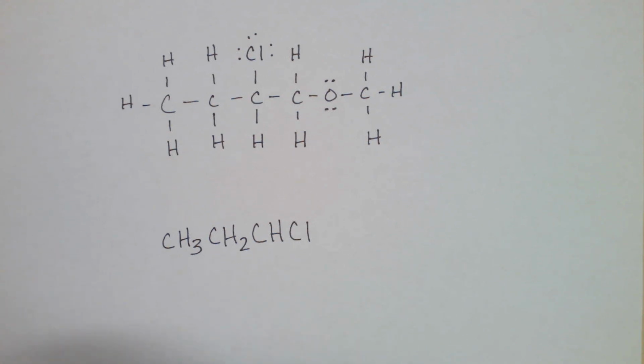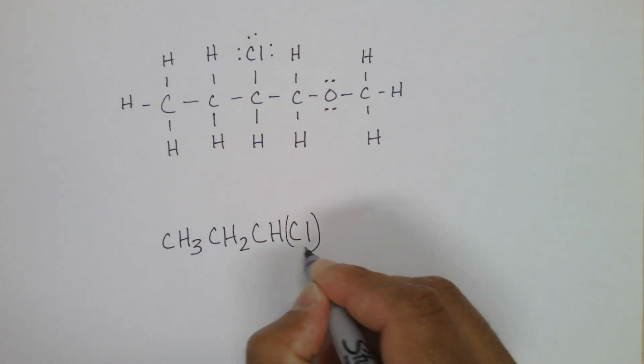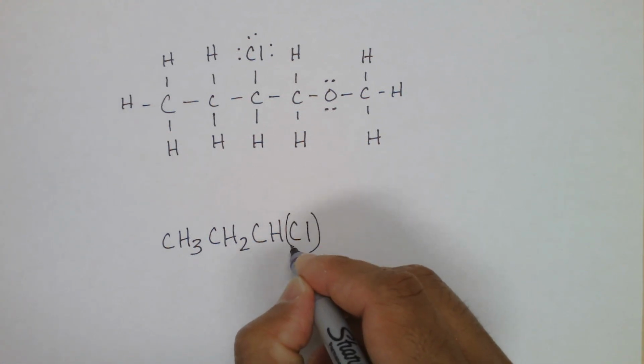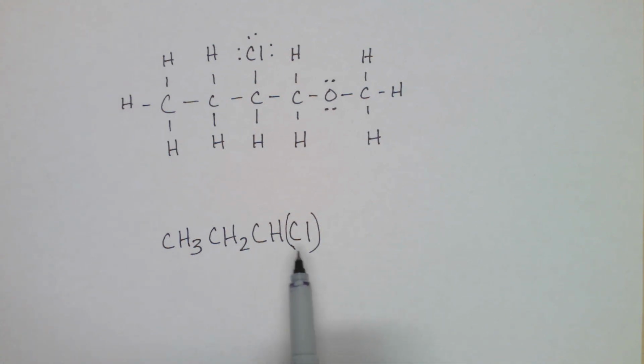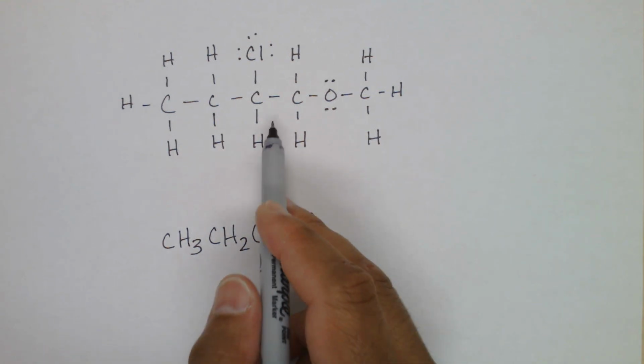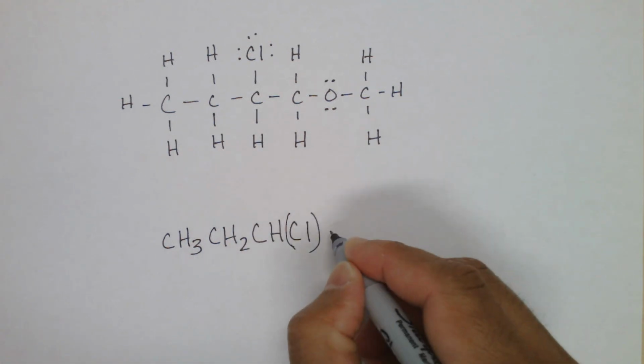However, in some textbooks, I have seen this example where the chlorine or the halogen is in parentheses. Of course, this parentheses would mean that the chlorine is bonded to the previous carbon. So when you see this parentheses, that's what that means, although the parentheses don't have to be there. I'll go ahead and leave them there for now.